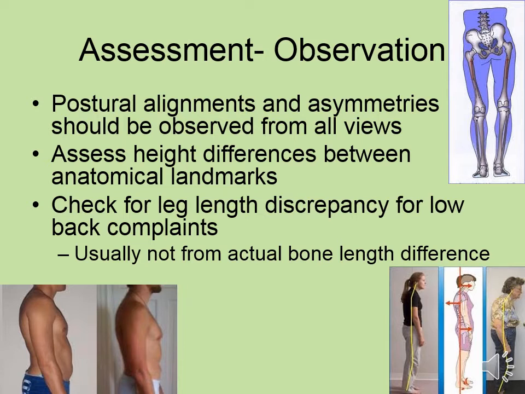We can assess height differences between anatomical landmarks. A good example of that would be looking at the iliac crest. I would look at the pelvis to see if it's symmetrical. Sometimes you'll have one side that's shifted up or hiked up because, say for instance, the quadratus lumborum is spasmed on that side.